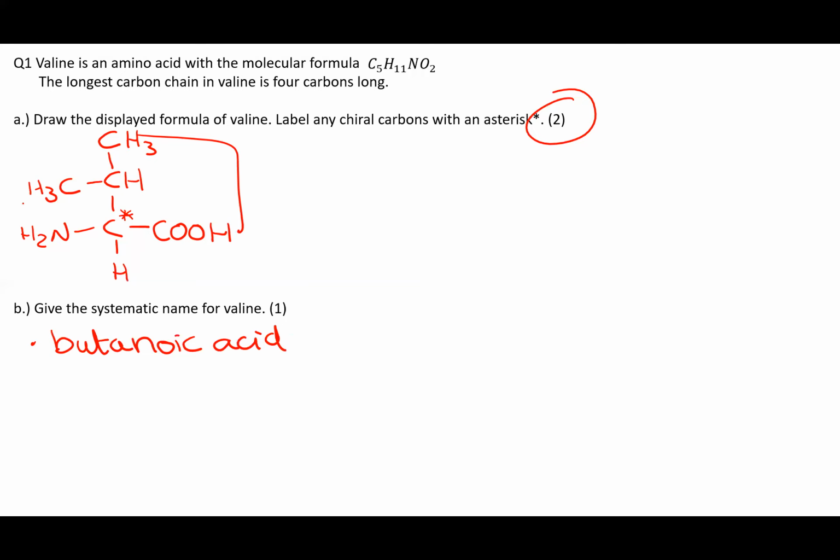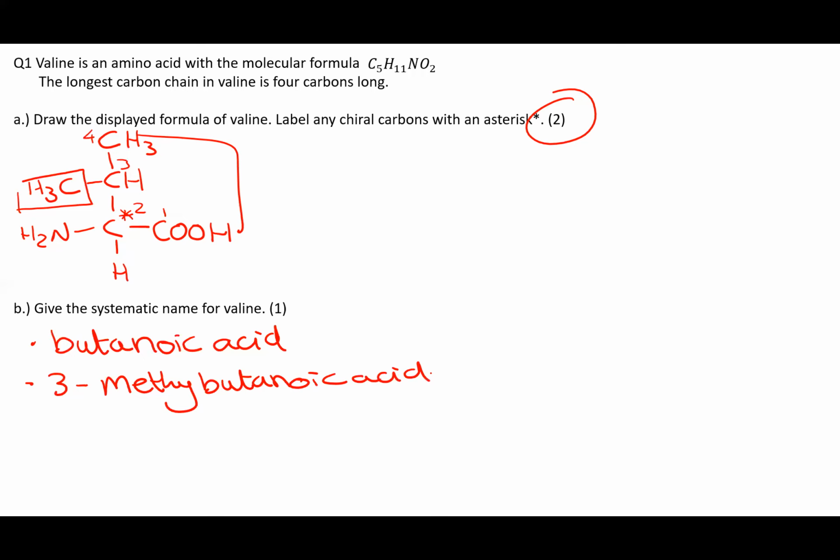Yes, we've got a methyl group here. And obviously we need to number our carbons now. So we go carbon 1, carbon 2, carbon 3, carbon 4. So our methyl group's coming off our 3rd carbon. So we've got 3-methyl butanoic acid so far.